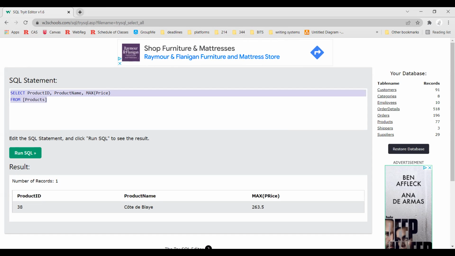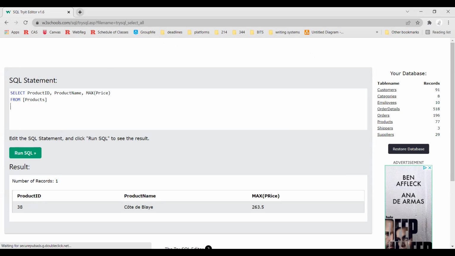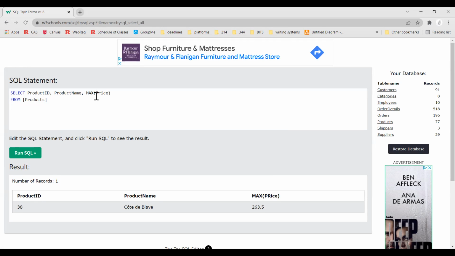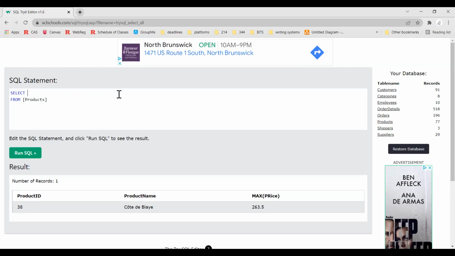All right, so we can also look at some other functions. One of them is called count. Count everything from products.